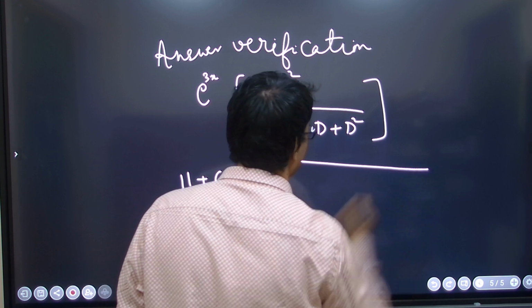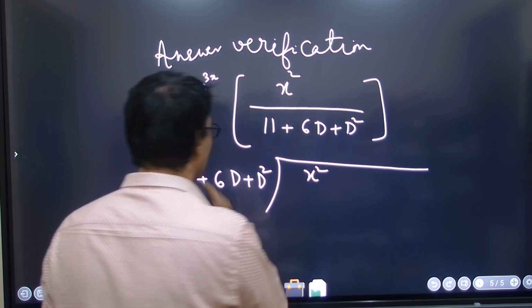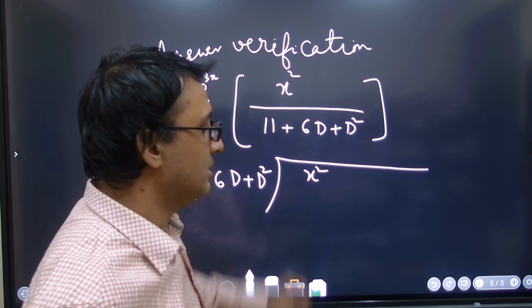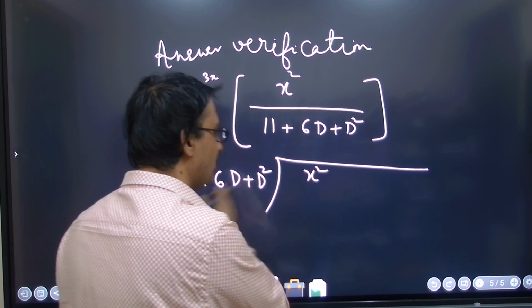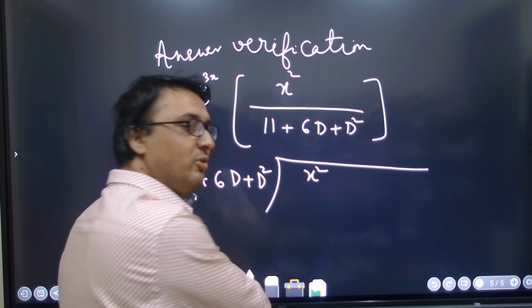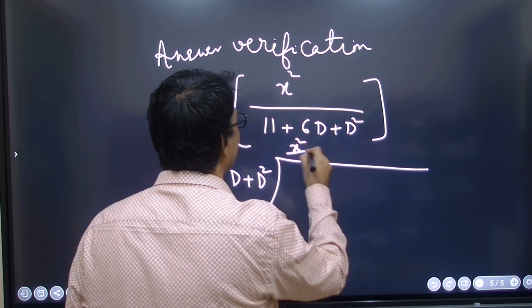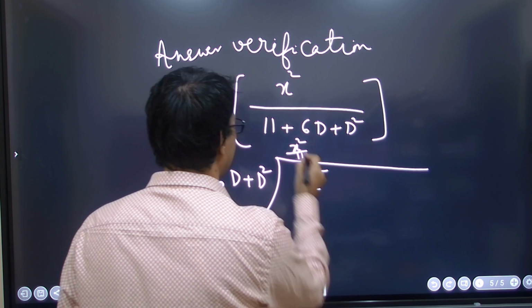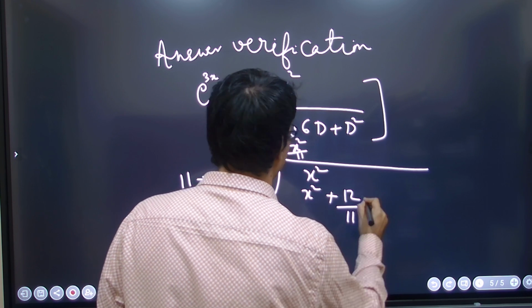So we are using this as our approach to the division method. What should be multiplied with 11 so that I get x square? These operators are there, so I have not introduced operators. Start with the value that is constant. So I will write this as x square by 11, and this plus 12 by 11x.